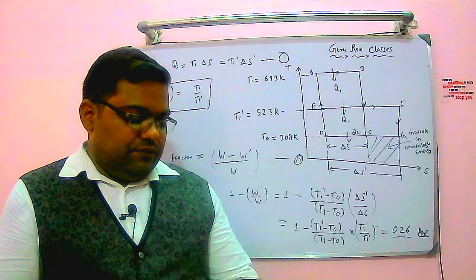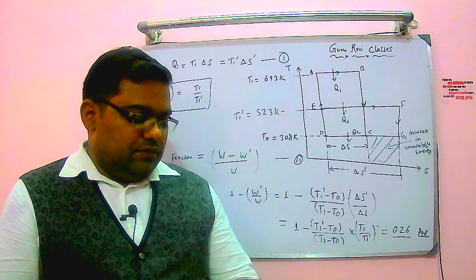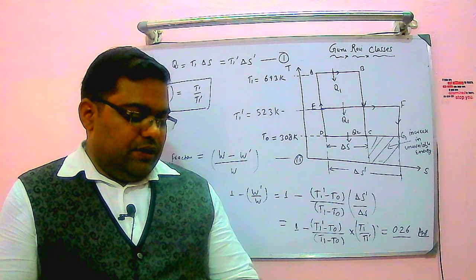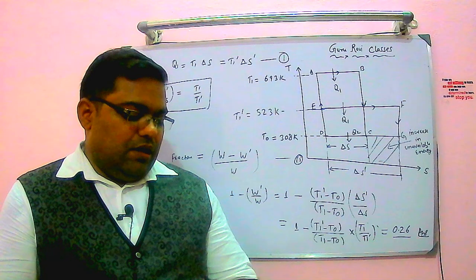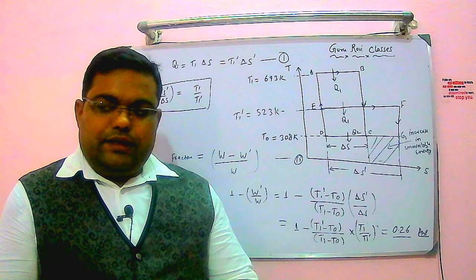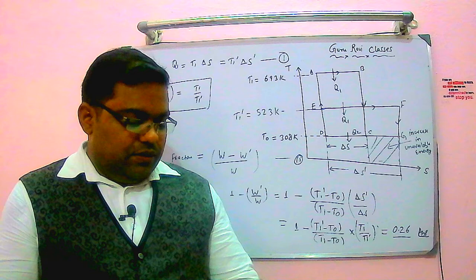The specific heat of gases is 1.005 kilojoule per kilogram Kelvin, and the latent heat of water at 220 degrees Celsius is 1858.5 kilojoule per kilogram.